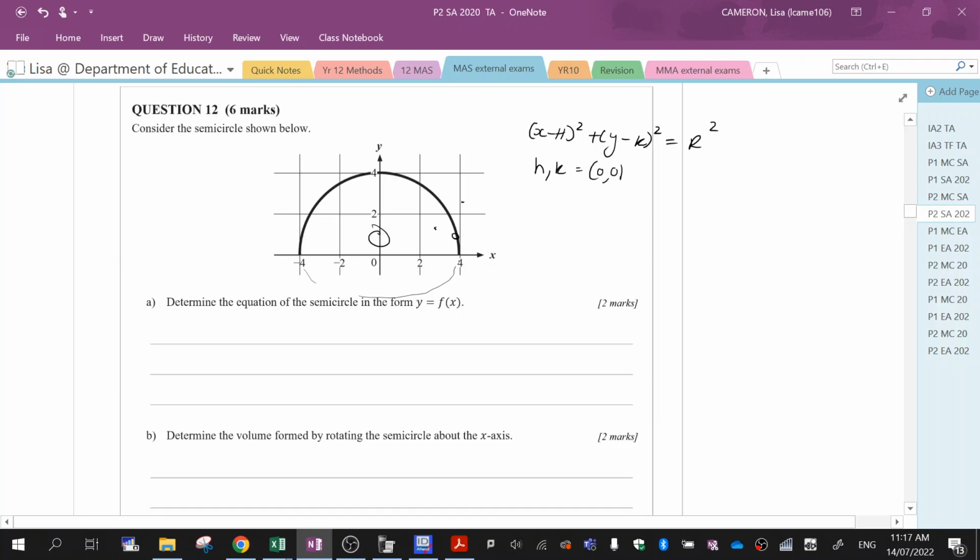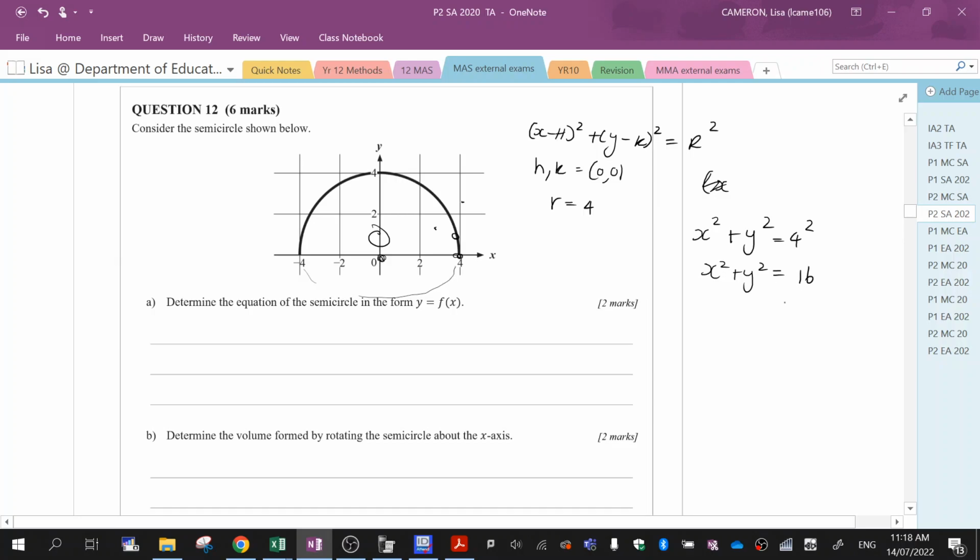And our radius here is from there to there, which is 4. So radius equals 4. Now I'm going to chuck that into my formula. So it'll be x squared plus y squared equals 4 squared, which means we've got x squared plus y squared equals 16.